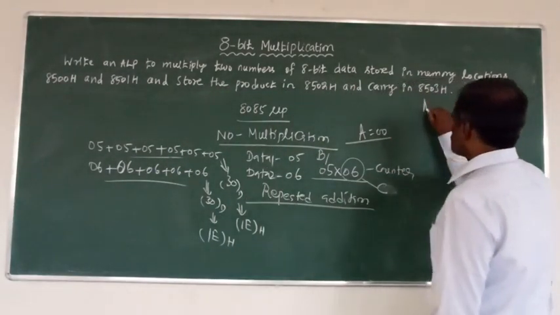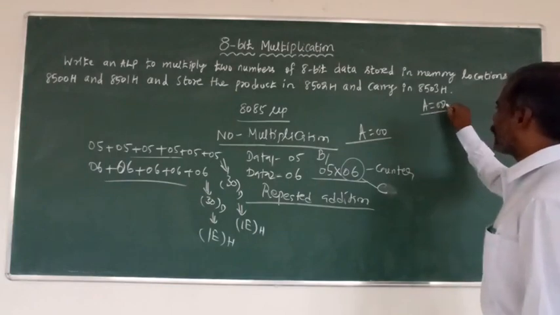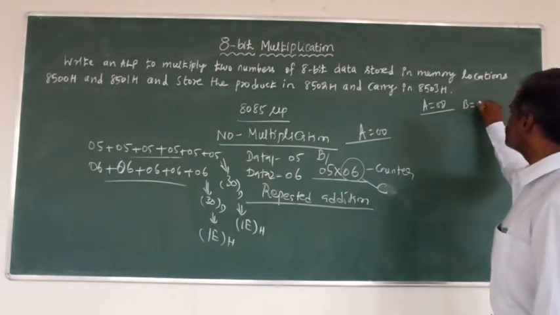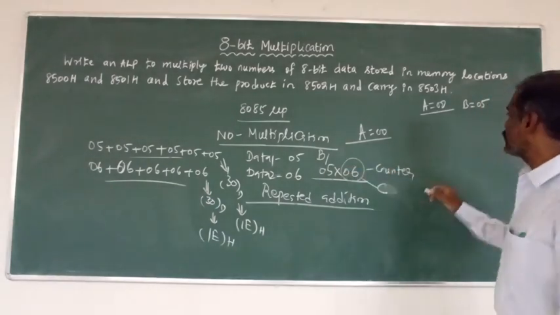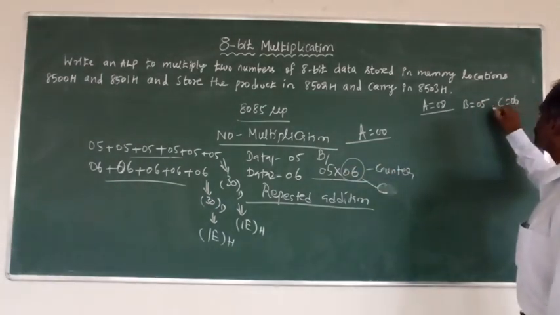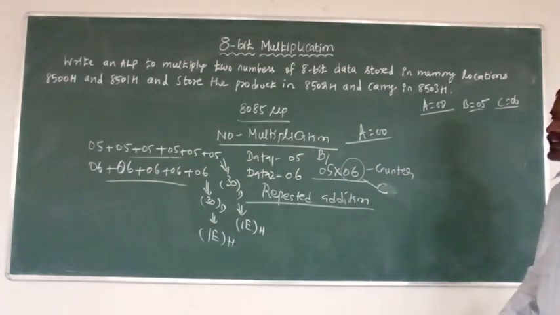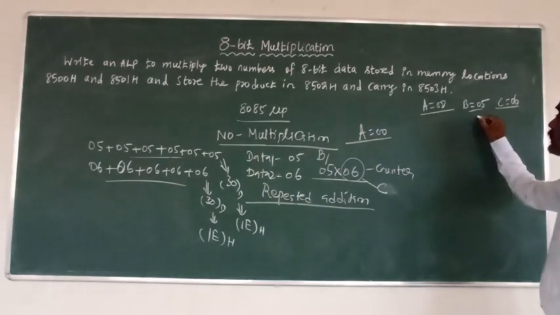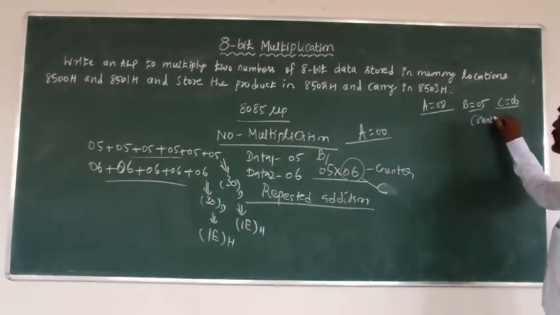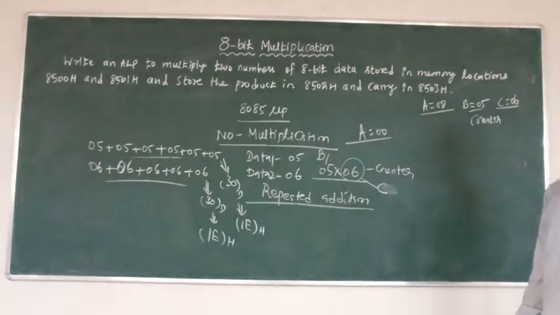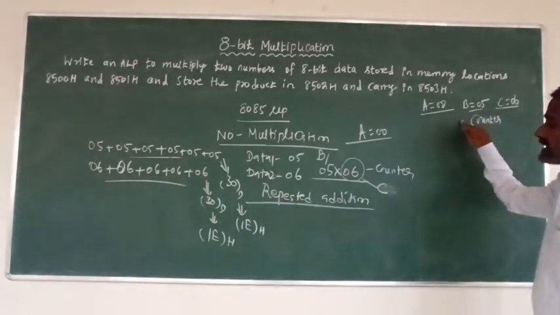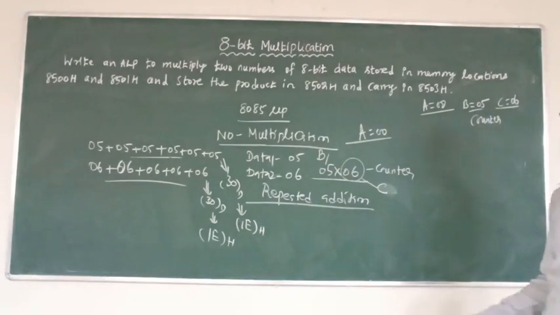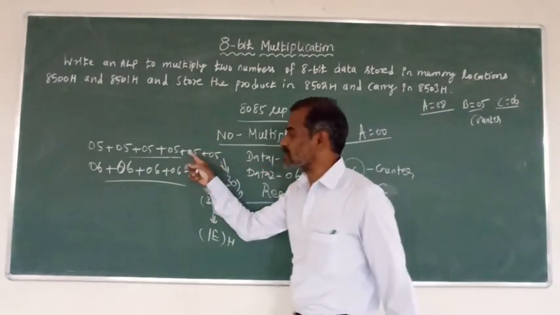Initially we clear the accumulator content to 00, B register has 05 data and C register has 06. Now fix any one register data as a counter. The other data we add that number of times. This is called repeated addition.